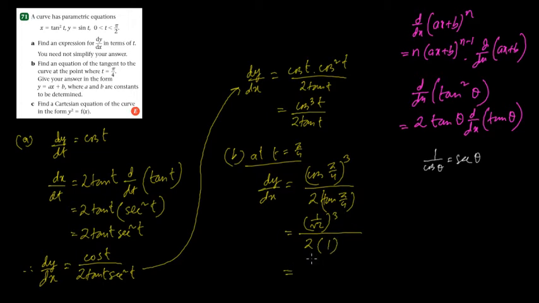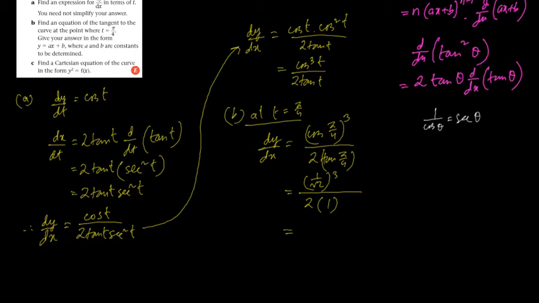So 1 by root 2 whole cubed, if we simplify that, we can write 1 by root 2 into 1 by root 2 into 1 by root 2, divided by 2. So 1 by root 2 into 1 by root 2 is half, into 1 by root 2, divided by 2.